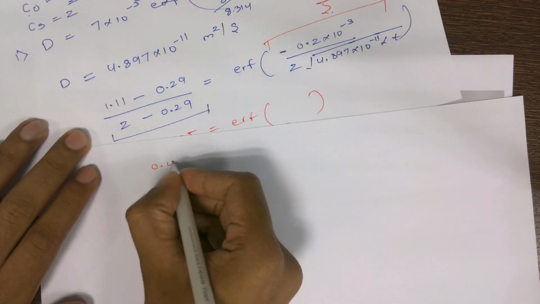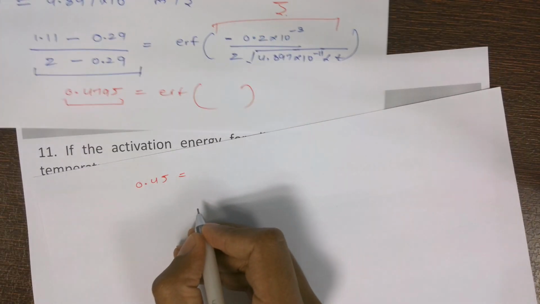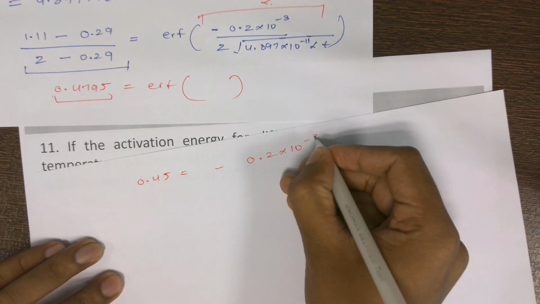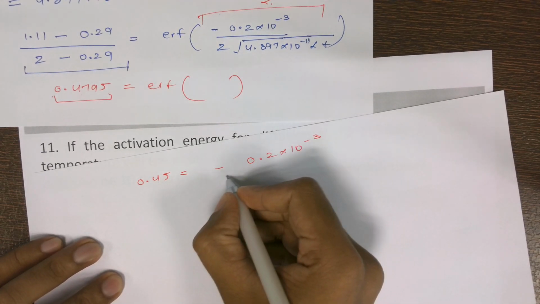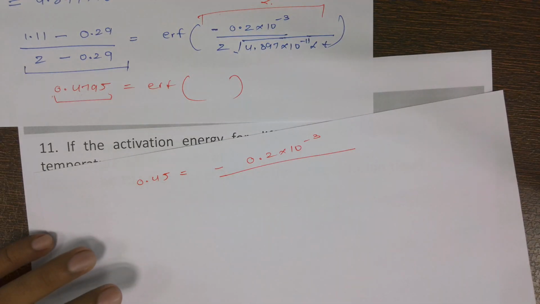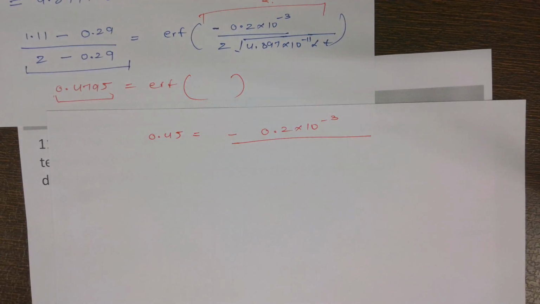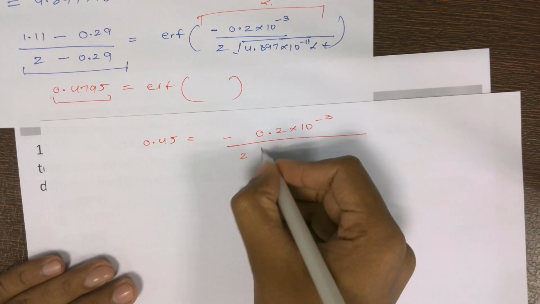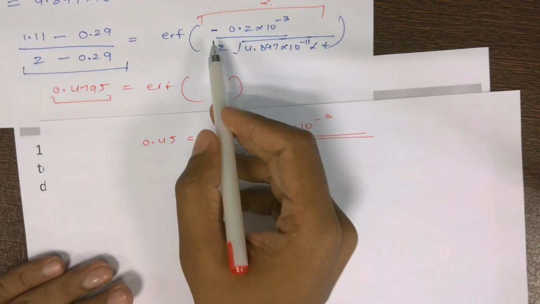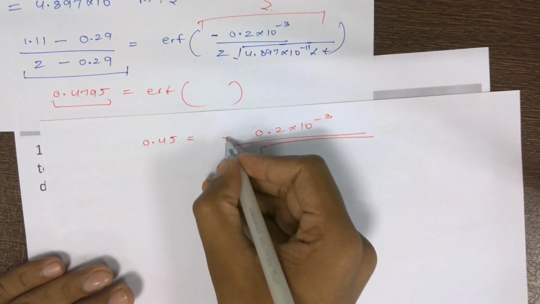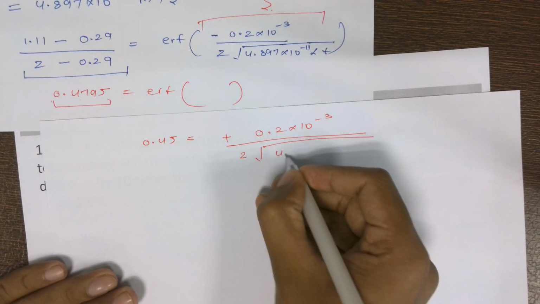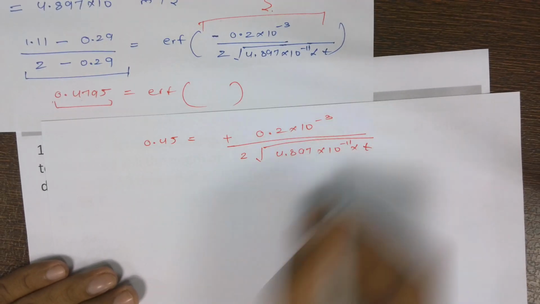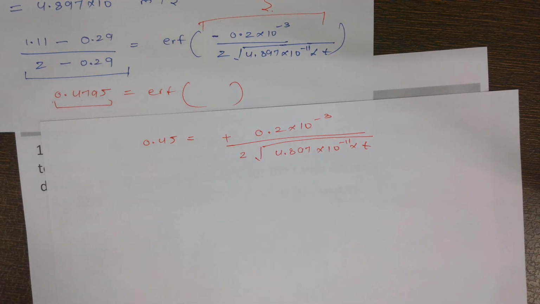That is 0.45 will be equal to, it's very easy, 0.2 multiplied by 10 to the power of minus 3, divided by 2 root over, since x is negative, we'll make it positive, 4.897 into 10 to the power of minus 11 multiplied by t. Now from here we just have to find the t. It's very easy.